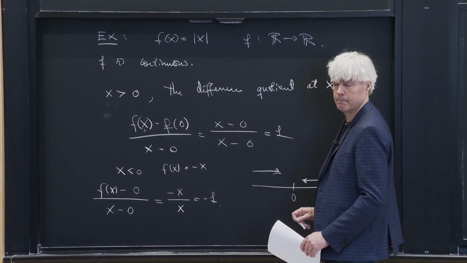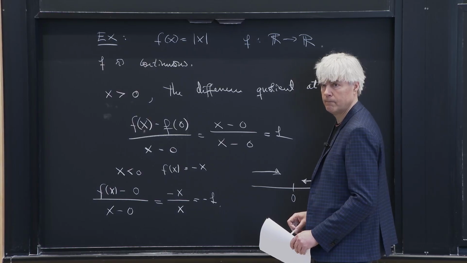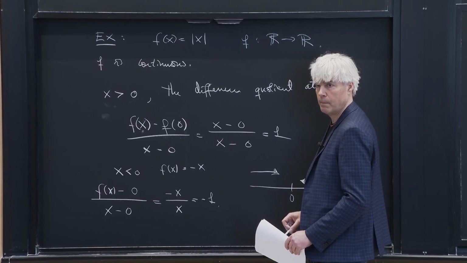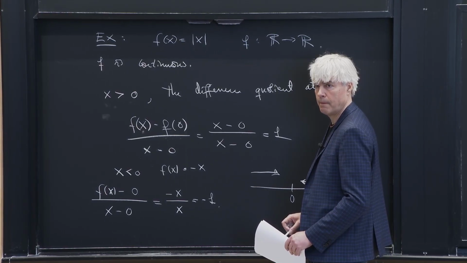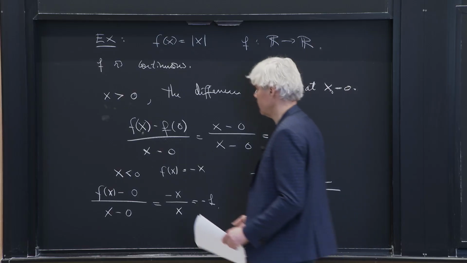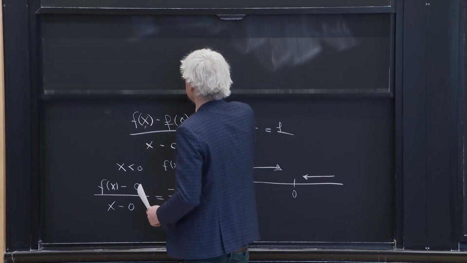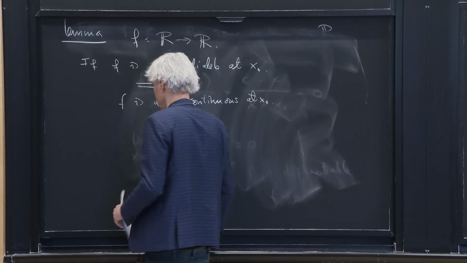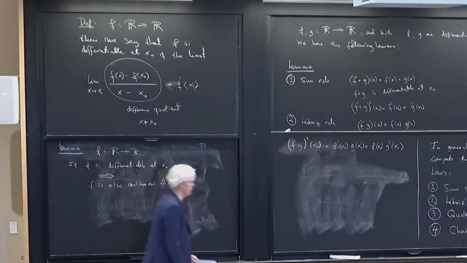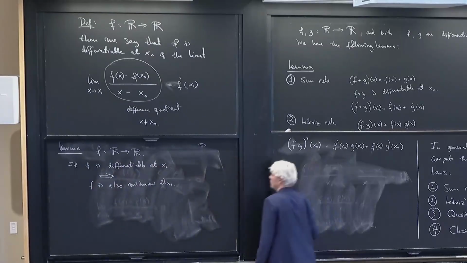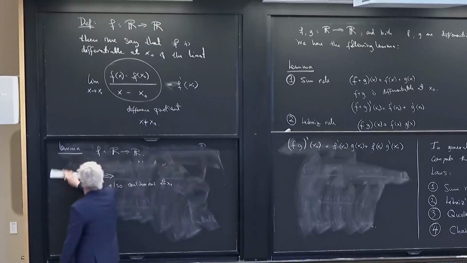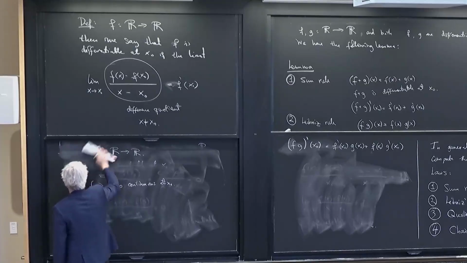Yeah? So you define what it means for a function to have a limit as x approaches x0. We did this earlier in the class.